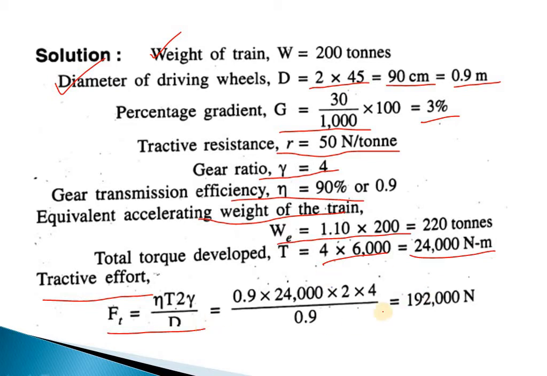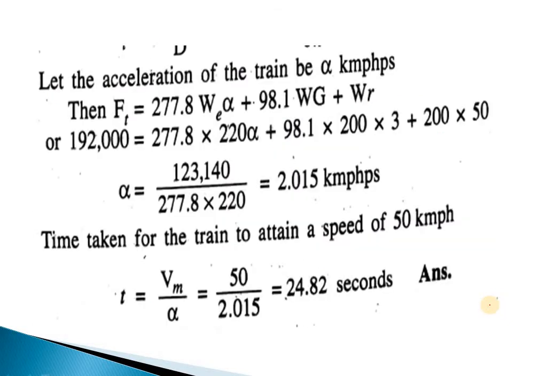From there we can calculate the total tractive effort, 192,000 Newton. Then let the acceleration of the train be alpha kilometer per hour per second.